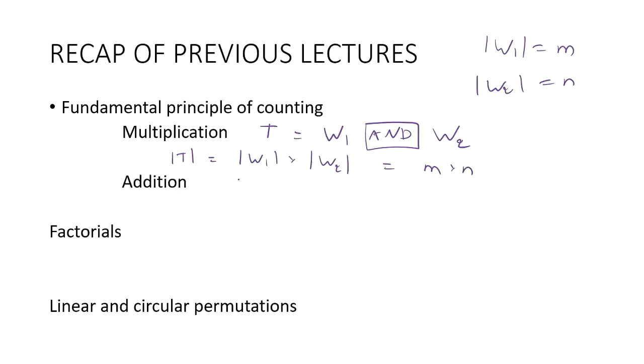A task can be performed in two formats, W1 or W2. W1 can be performed in M ways and W2 can be performed in N ways. Then the total number of ways of completing the task is equal to the number of ways of completing W1 plus the number of ways of completing W2, which is equal to M plus N.